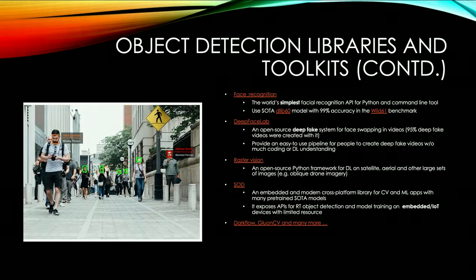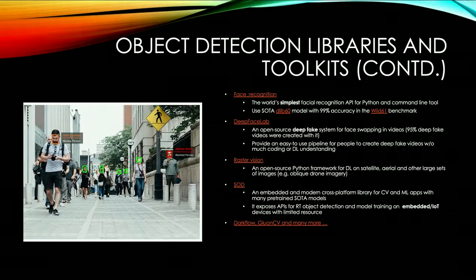face_recognition is the simplest facial recognition API for Python and the command line, and DeepFaceLab is an open source deepfake system for face swapping in videos. It is believed that more than 95% of deepfake videos were actually created with it.